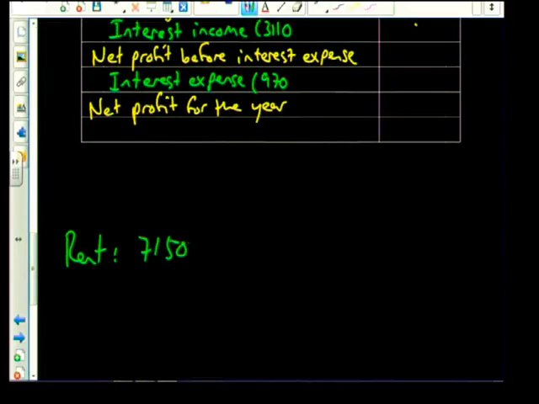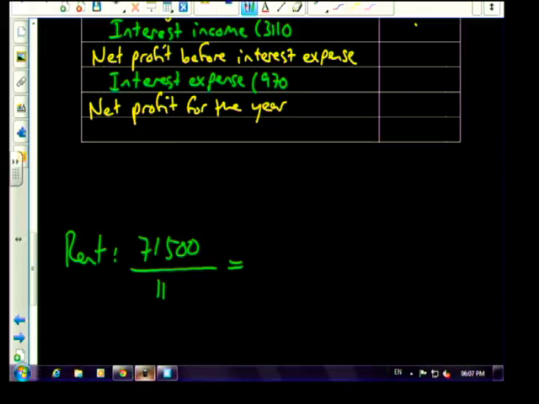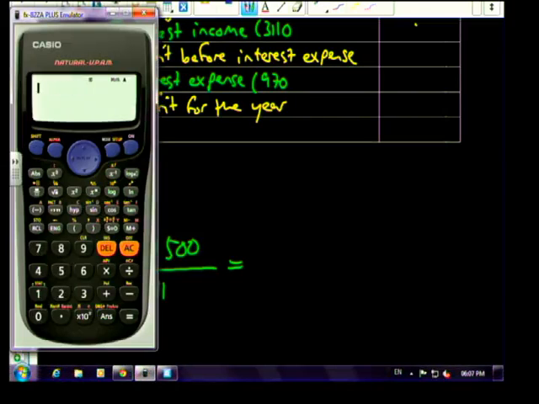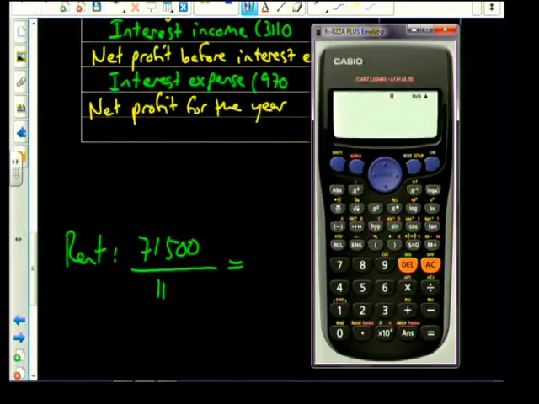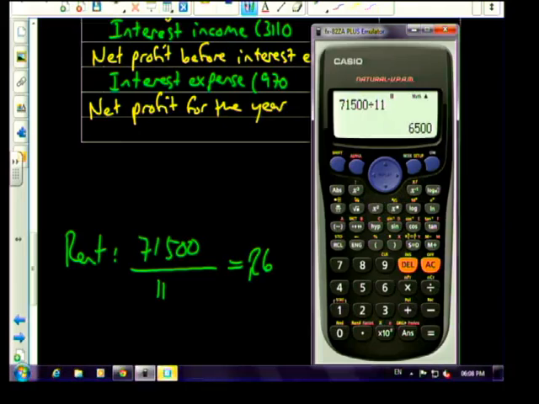But that rent is 11 months rent, so we're going to divide it by 11 to work out what 1 month's rent is. So if we get our calculator on the screen, 71,500 Rand is the rent that we've received. I'm going to divide it by 11, which tells me that the monthly rental is 6,500 Rand.